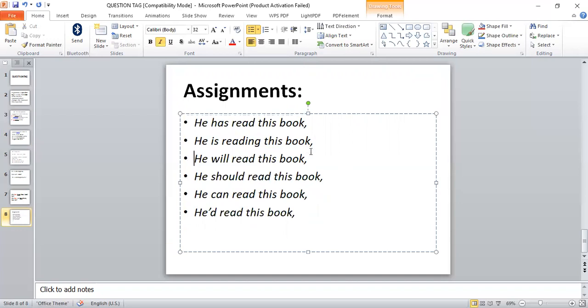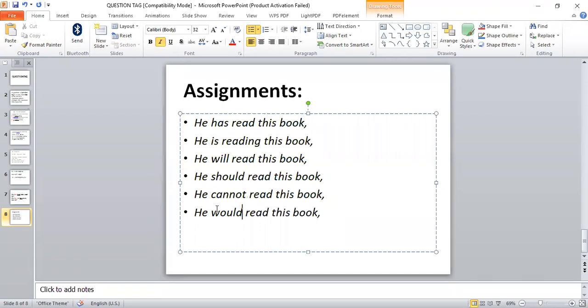The fourth one is, he should read the book. The fifth one is, he cannot read the book. And the last one will be, he would read the book. Okay, let me put that straight. He wrote this book, pardon me.